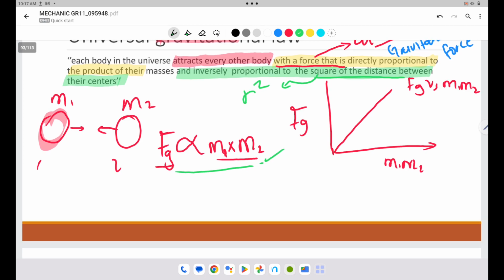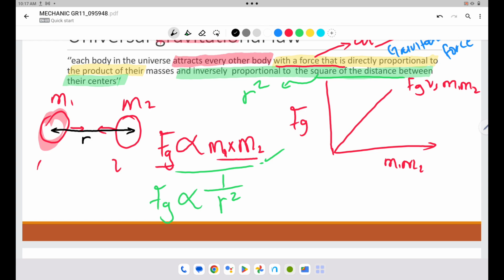We are told that the same gravitational force, Fg, is inversely proportional to the square of the distance. And they are quite specific about the distance: if I represent it on the diagram, it is the distance between their centers, the distance between the center of M1 and M2. That's the one that we call r.